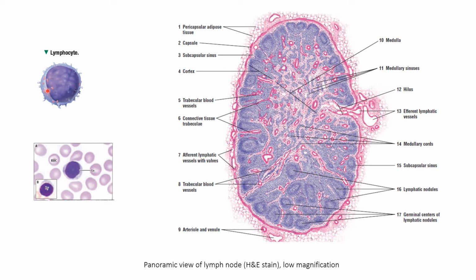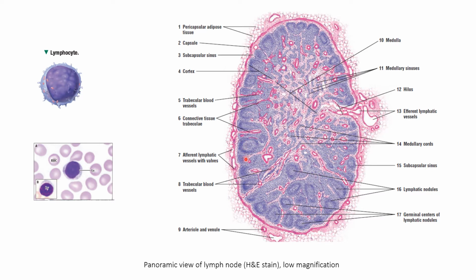In fact, the cytoplasm is reduced to a very thin basophilic rim around the nucleus. So, at low magnification, you see the lymphatic nodules as containing several bluish lymphocytes, which are actually the nuclei of the lymphocytes that you are seeing here in low magnification.